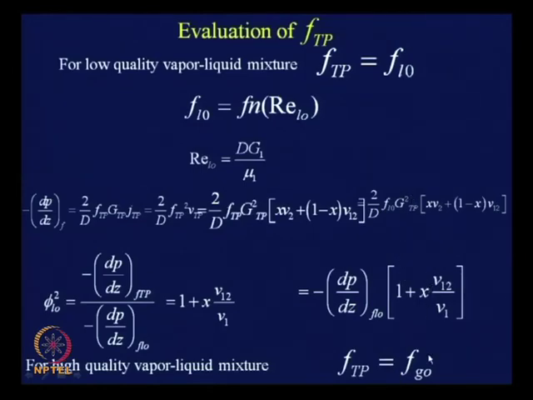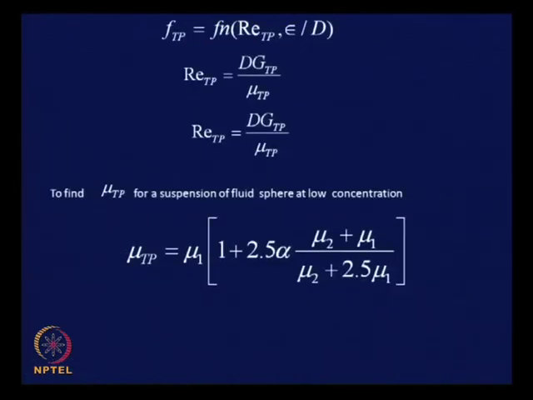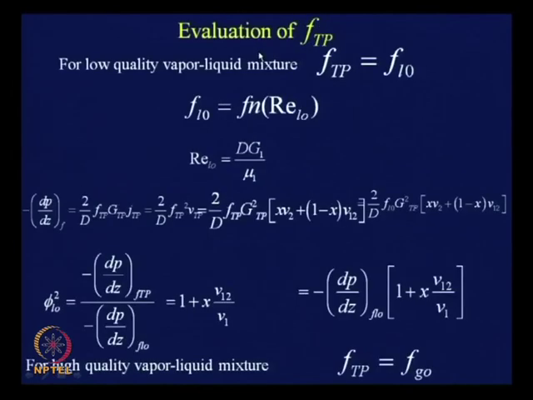In that situation, usually we write it as a function of the two phase Reynolds number, expressed as dGTP by mu TP. This is a much more realistic expression as compared to the other two expressions.